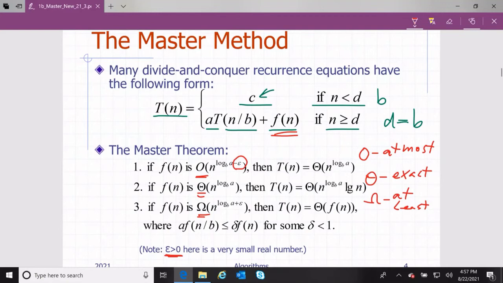If f(n) is O of n to the power of log base b of a minus epsilon, then T(n) will be exactly n to the power of log base b of a.